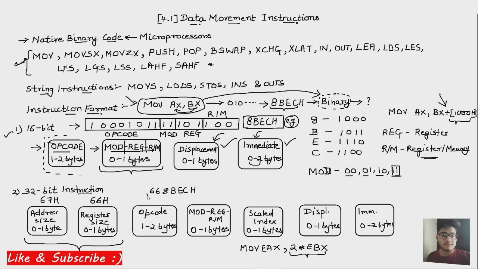So if any instruction has 66 or 67 in front of it, it means that it is a 32-bit instruction format, right? That's very easy to understand whether we are considering the 32-bit format or a 16-bit format, and this is the way we try to understand it, right?